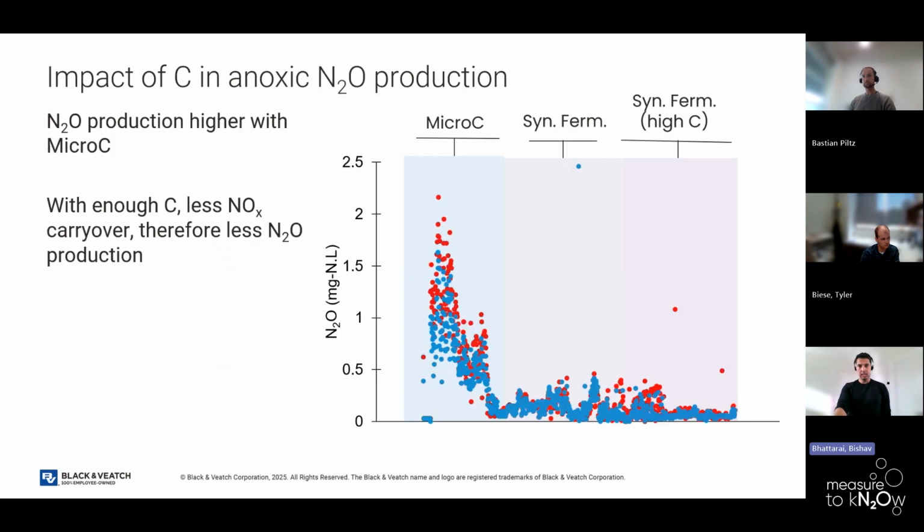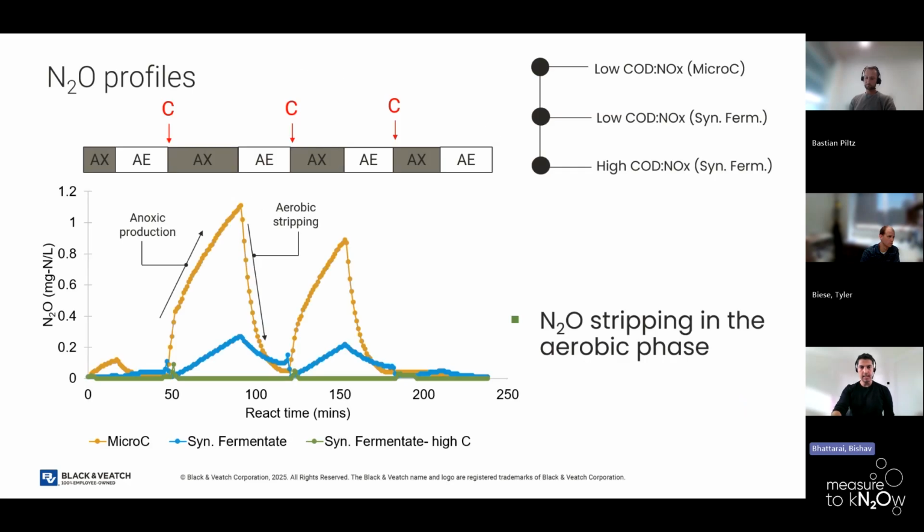Now, looking into the comparison between different carbon sources, I'm just gonna go one step back. Whatever the highest concentration of nitrous oxide there was, we observed at the end of the anoxic phase.